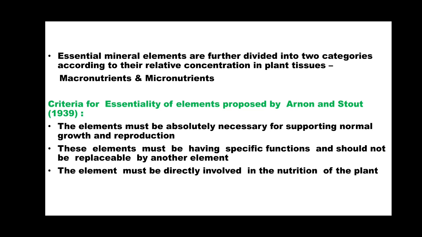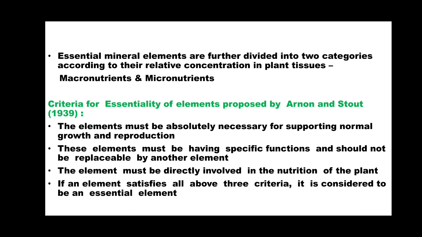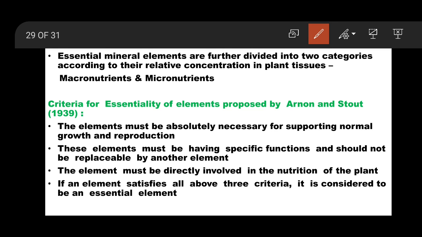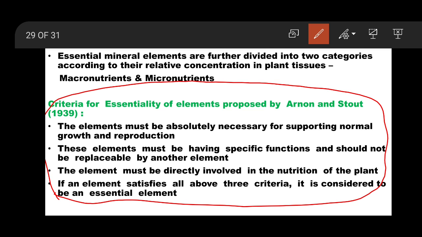Actually these are three main points coming under criteria for essentiality of elements proposed by Arnon and Stout. If an element satisfies all these three criteria, it is considered to be an essential element. Otherwise it will not be considered as an essential element.